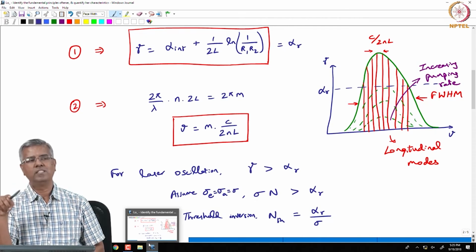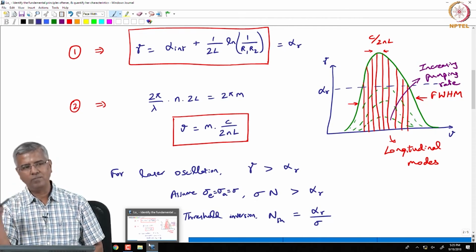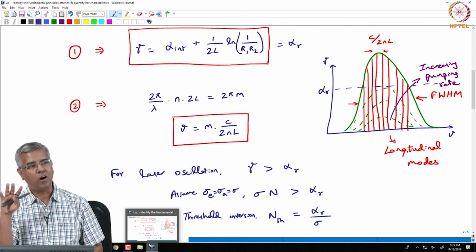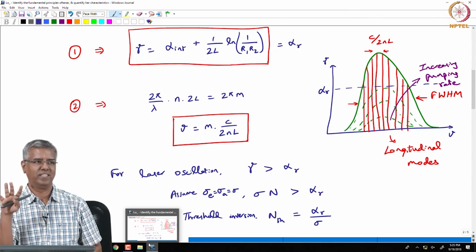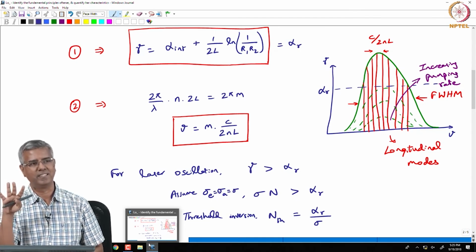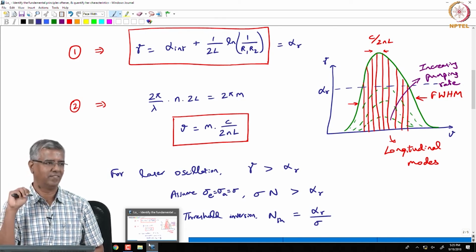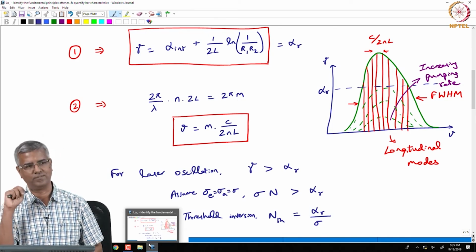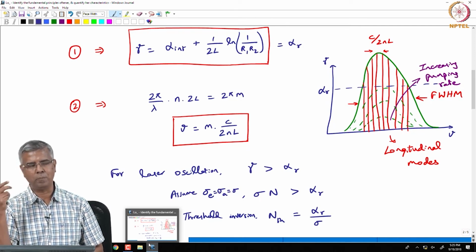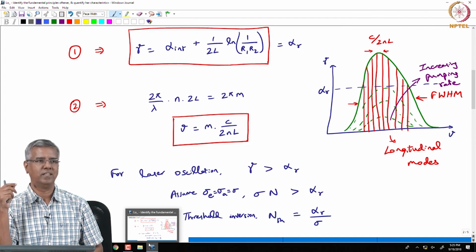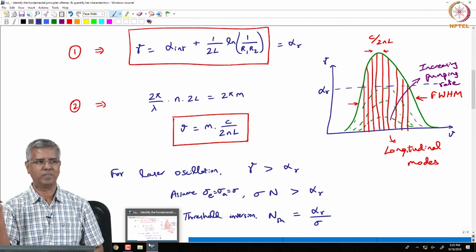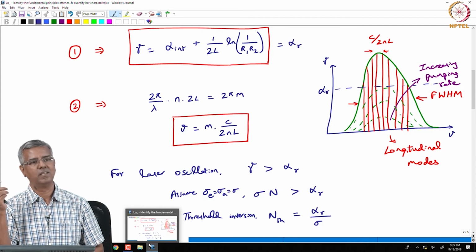You will get pulses if all of these longitudinal modes are locked in phase, if they are all oscillating synchronously. But when you think about practical lasers, they are operating at some ambient conditions.